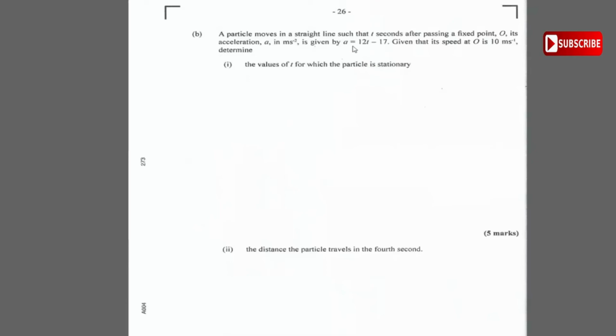So now we have the particle is stationary. Stationary means not moving, and it's not moving when its velocity is 0. Now it gives us A, so we can find the velocity by integrating A. So the velocity is the integral of 12t minus 17.